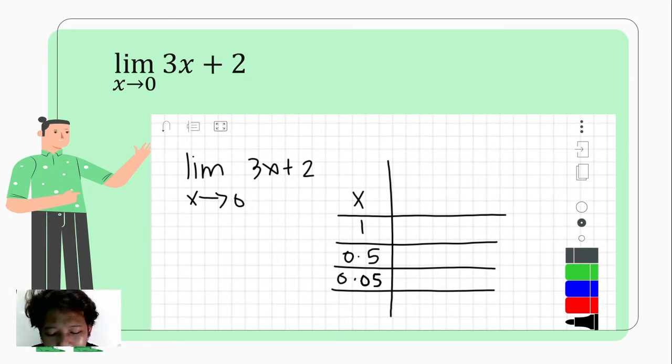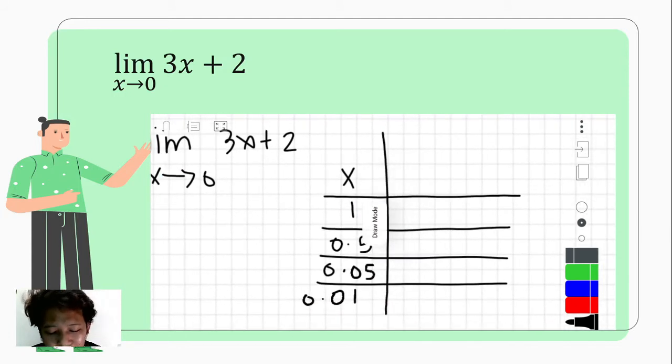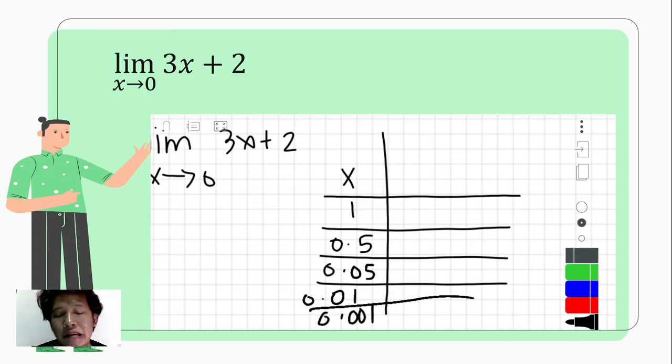Let's say, for example, we have 0.01, and then we may also have 0.001 kung gusto po natin ng mas malapit talaga. So, para makita po talaga natin yung real value kung saan nag-a-approach yung f of x.